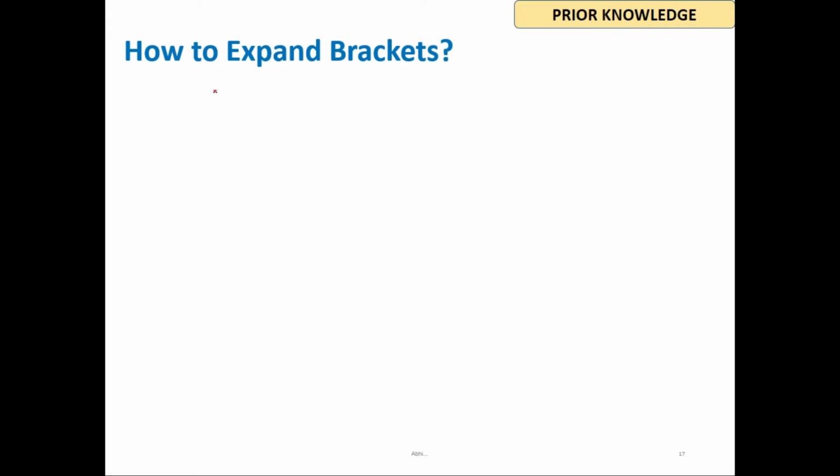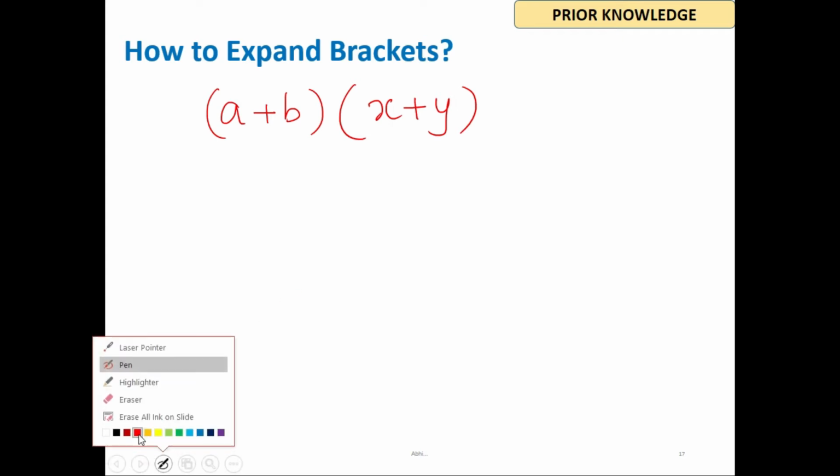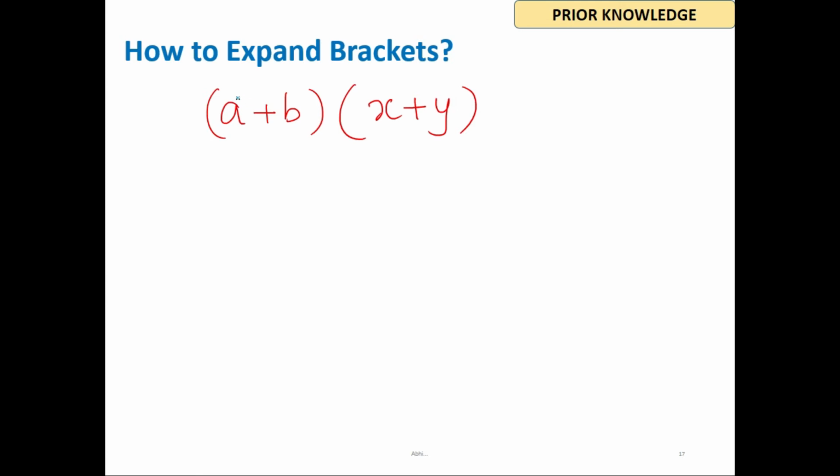Now let's think about expanding two binomial expressions. (a plus b) getting multiplied by (x plus y). In this case, the method that you can use is you multiply a, the first variable here, with the complete term x plus y.